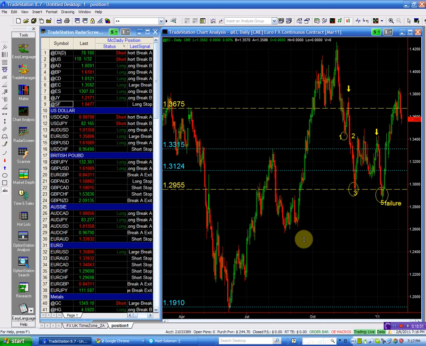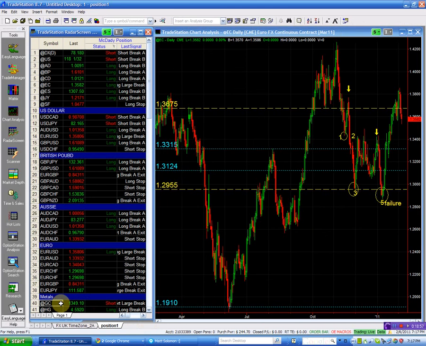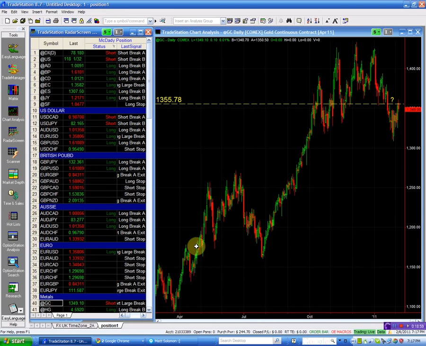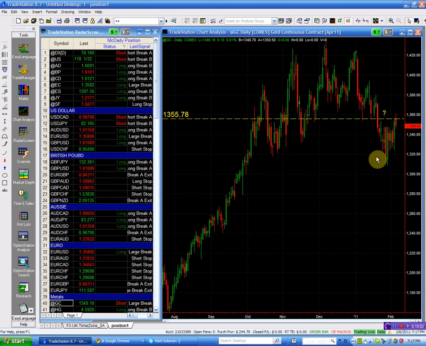Let's do a couple of things before we finalize the hierarchy. Also, if you look at gold, you see that right now we have a major sell signal in gold. That is actually pretty close to having a trend change in gold.